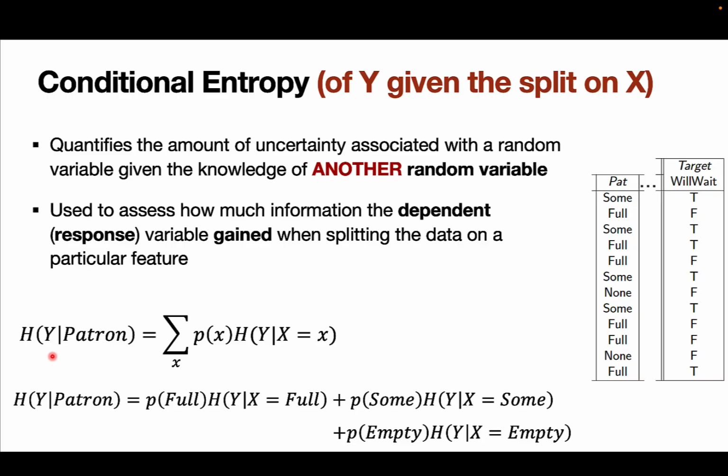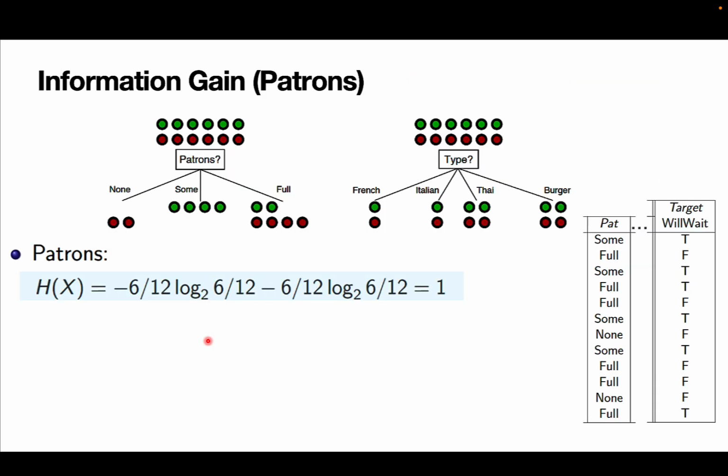The conditional entropy of y given the attribute patrons is computed by taking a weighted sum of entropies of y for each possible value of patrons. And the weights expressed by p of x are the probabilities of each value of patrons occurring in the dataset. We are going to see a concrete example to get to the details.